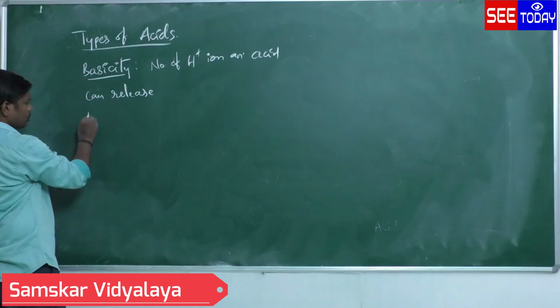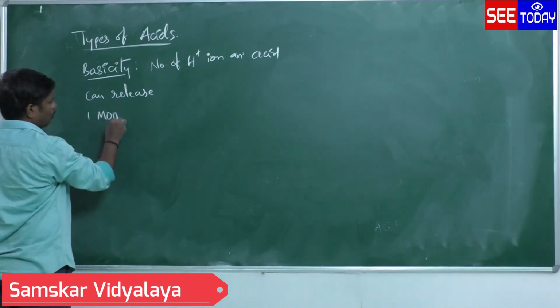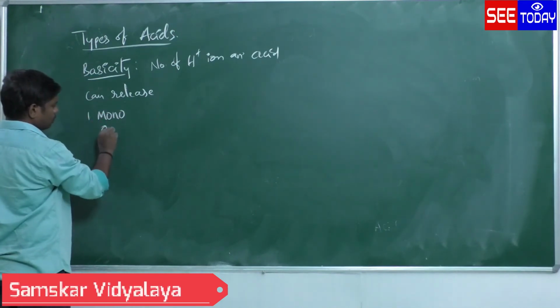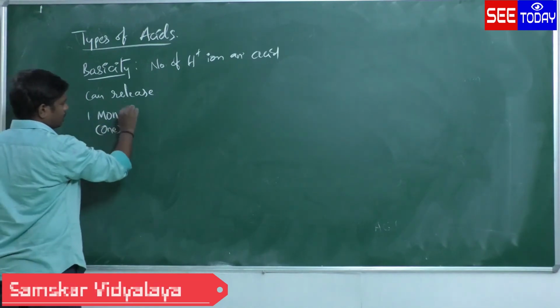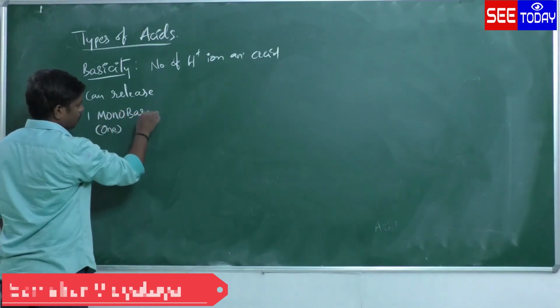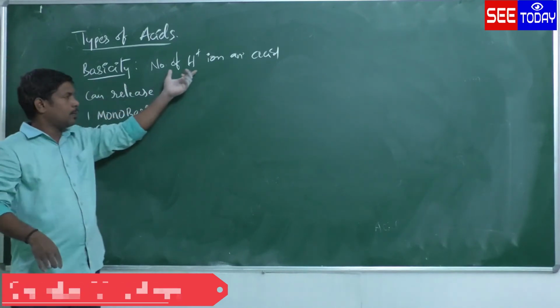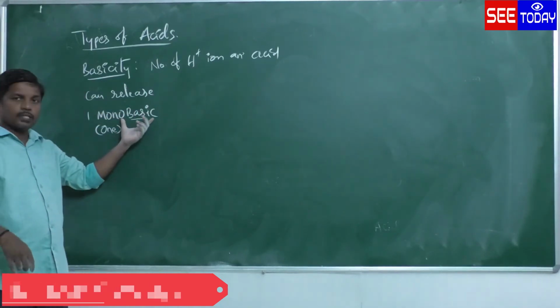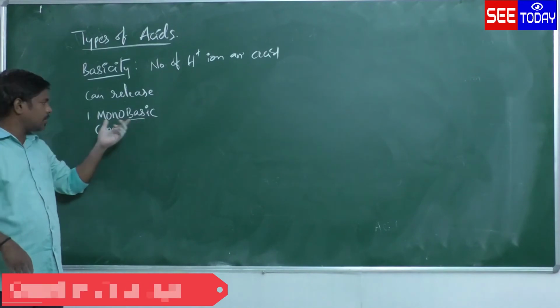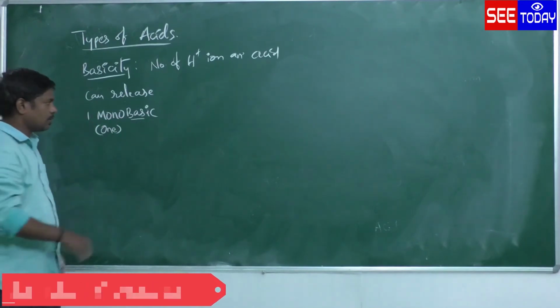One is mono. Mono means one. Basic means number of hydrogen. How many number of hydrogen is releasing? Only one hydrogen ion.